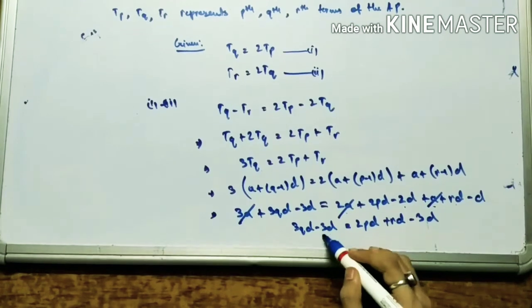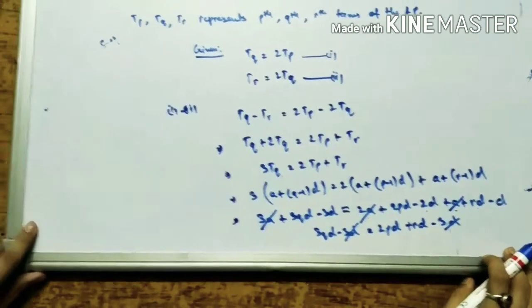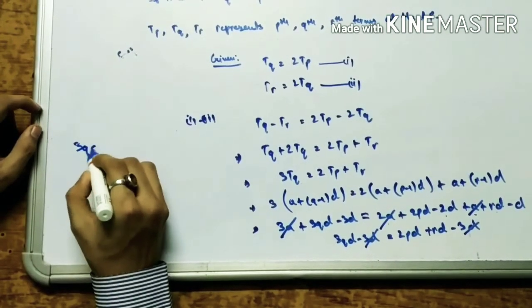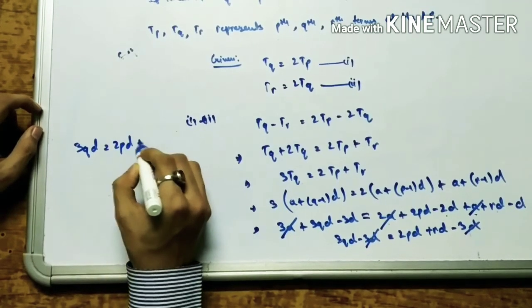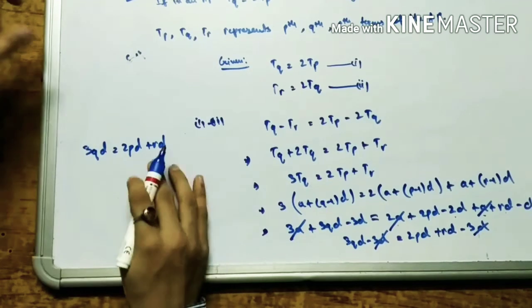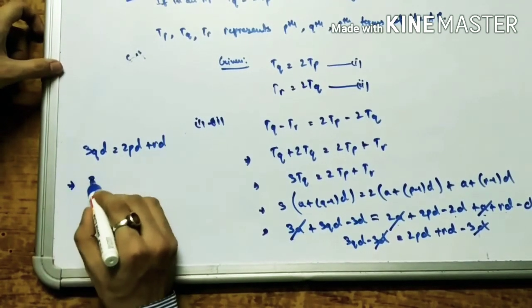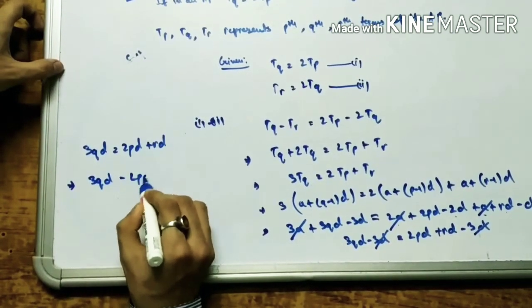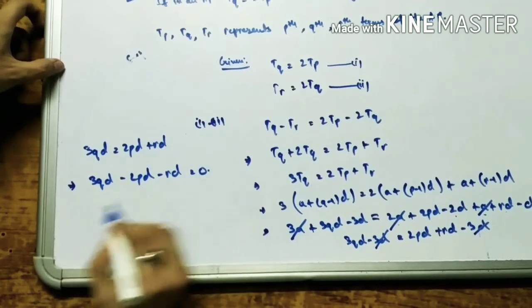Okay, now again you see minus 3D cancels out. Now what I got here: thrice QD is equal to twice PD plus RD. So now if I send the whole thing to the left hand side, thrice QD minus twice PD minus RD is equal to 0.